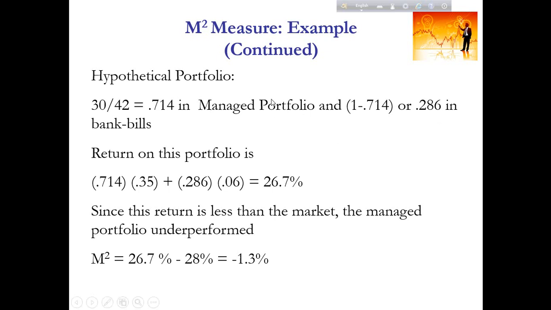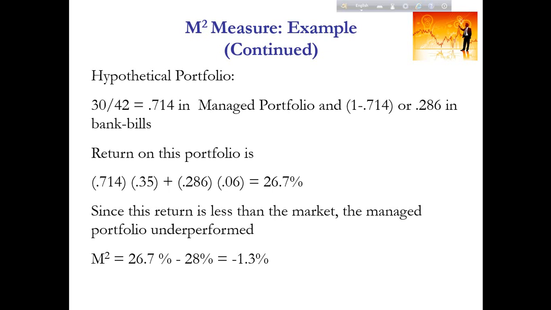So the expected return on this hypothetical portfolio is the weight times the return on our managed portfolio, which is 35%, plus the weight in the risk-free rate times 6%, the return on the risk-free rate, and the return on the hypothetical portfolio is 26.7%. But we have now created a hypothetical portfolio that has, by construction, the same standard deviation as the market.